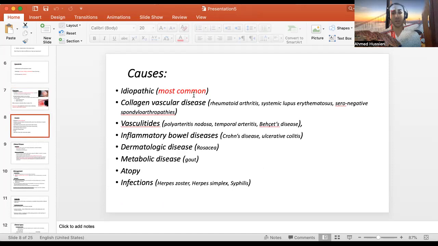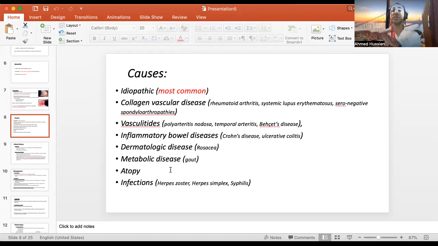But in case of recurrent episcleritis, you have to search for collagen vascular disorders, like rheumatoid arthritis, systemic lupus, and seronegative spondyloarthritis. In addition, you have to look for vasculitis, like polyarteritis nodosa, temporal arteritis, or Behçet, and inflammatory bowel disease like Crohn's, ulcerative colitis, or rosacea, gout, atopy, infection, and so on.